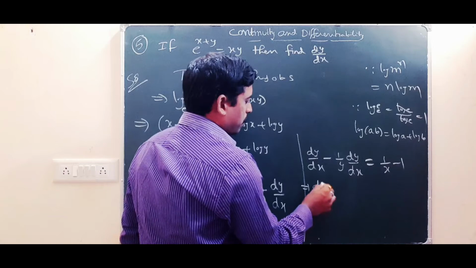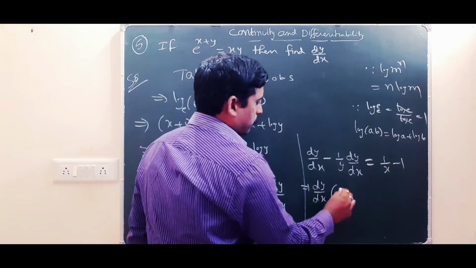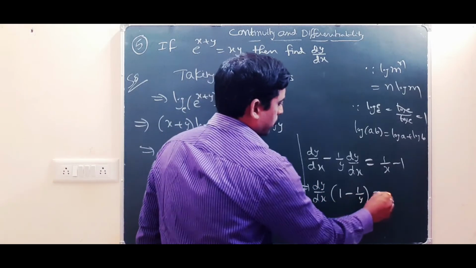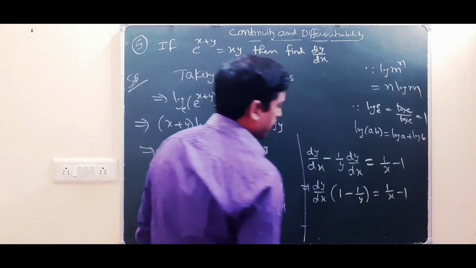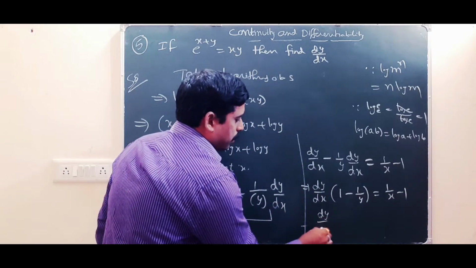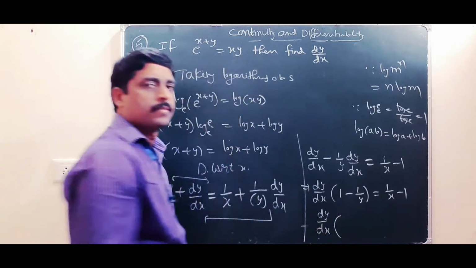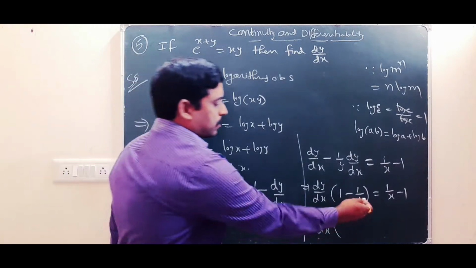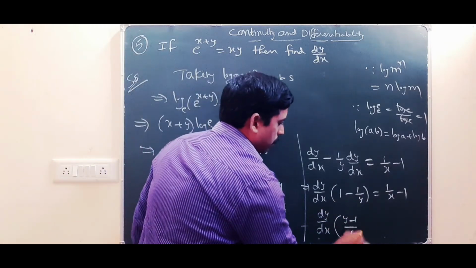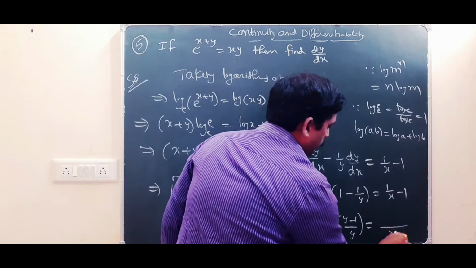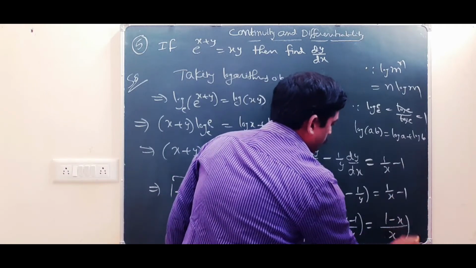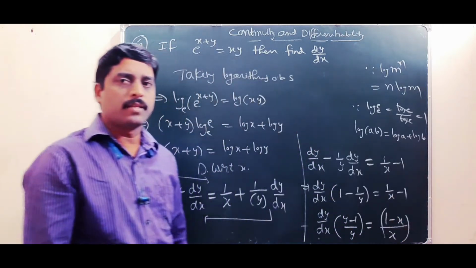Now dy by dx take out common on the left side: 1 minus 1 by y equals 1 by x minus 1. So dy by dx into, let us take LCM. The LCM is y, so y minus 1 by y equals, on the right side the LCM is x, 1 minus x by x. But our target is dy by dx.